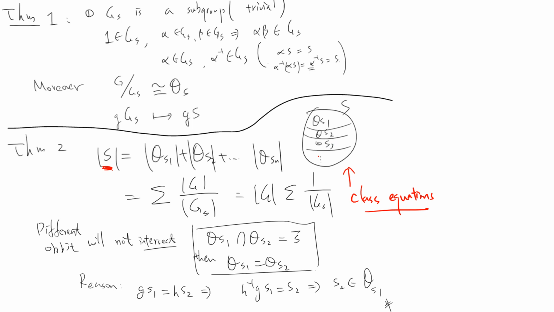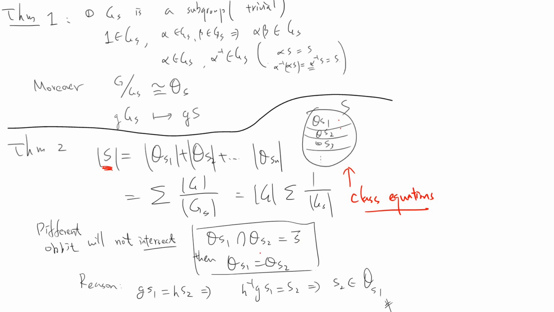Okay, so in order to prove this, all we need to know is that there is no intersection between different orbits. This means that if the orbit of s1 and the orbit of s2 have some nontrivial intersection, say s bar, then they will be exactly the same orbit.